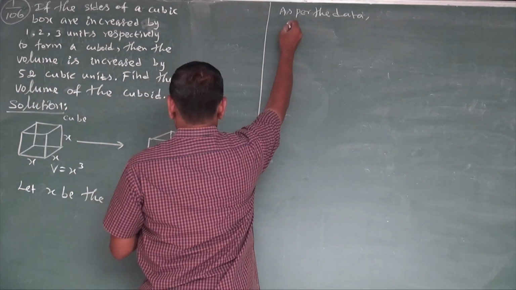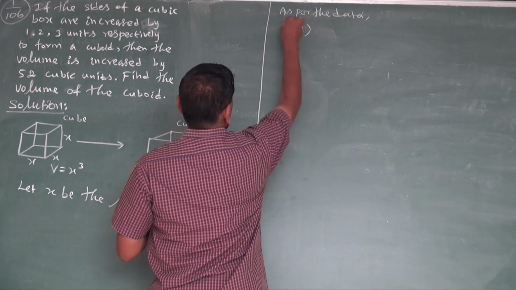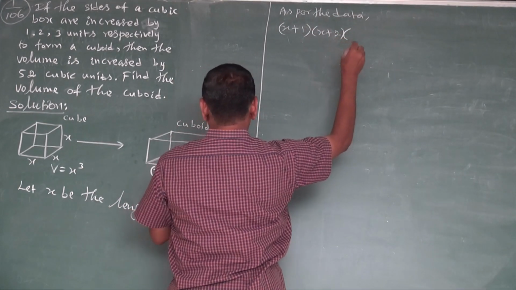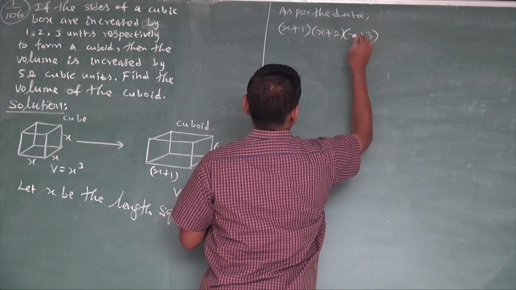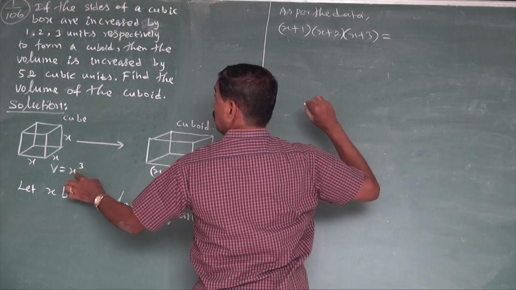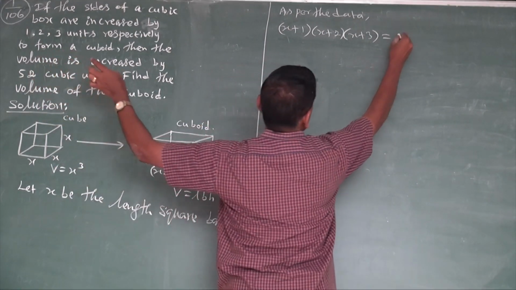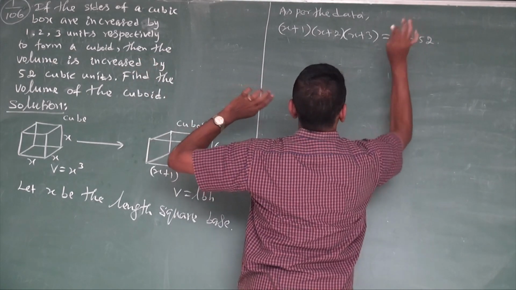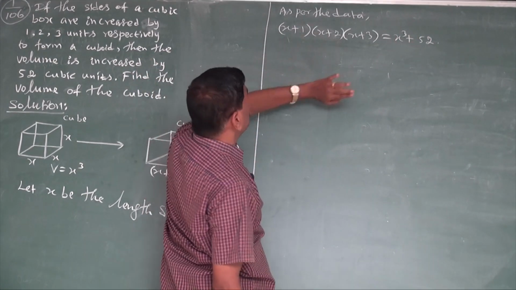So length into breadth into height is x plus 1 into x plus 2 into x plus 3. That is, the volume of the cuboid LBH is equal to the volume of the cube increased by 52 units, that is x cube plus 52.